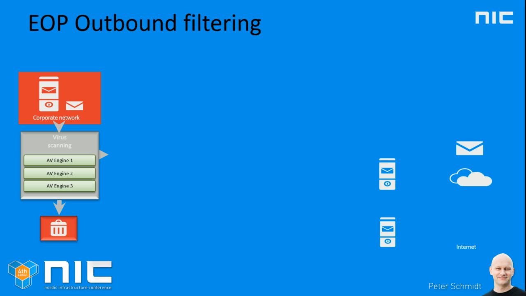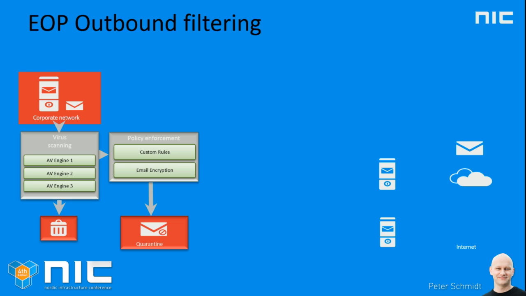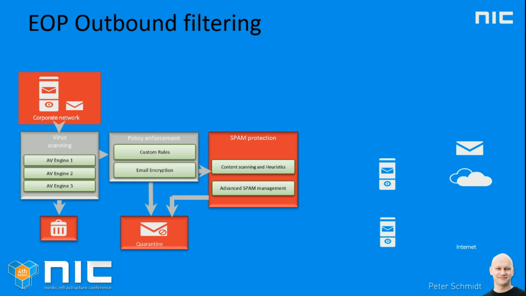When we use EOP as the outbound filtering system, we send the mail out from our corporate network. It hits EOP. It first gets scanned for virus. If there is any virus, it will at that point be deleted from the mail. Next step will be any of the DLP policies we might set on the system. The last step will be spam.